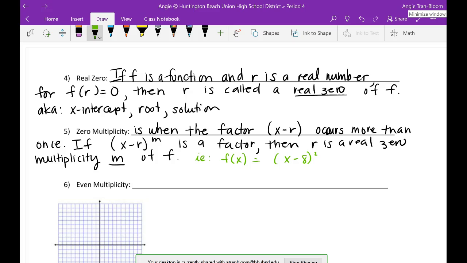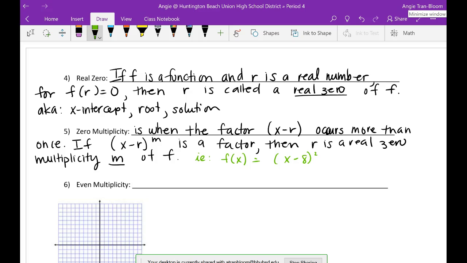Can we all agree with that? How would you solve it? Isn't the answer simply 8? You set it equal to 0, right? So your root, your answer is 8.